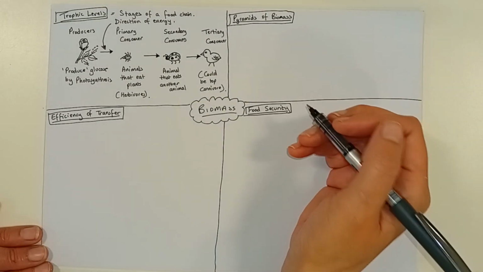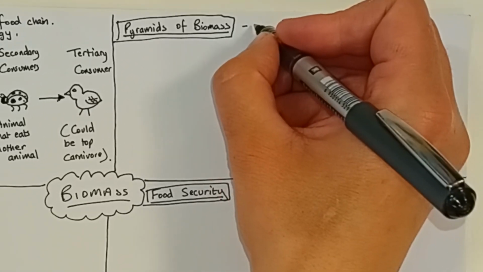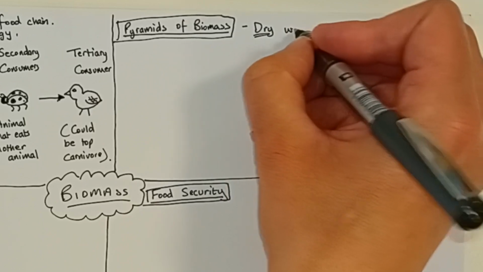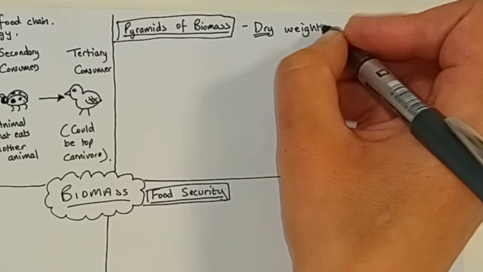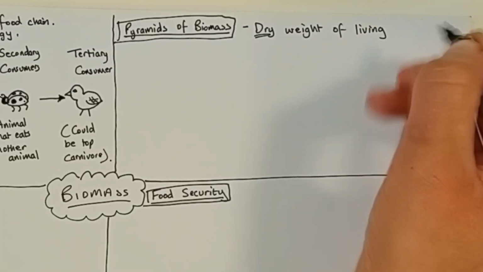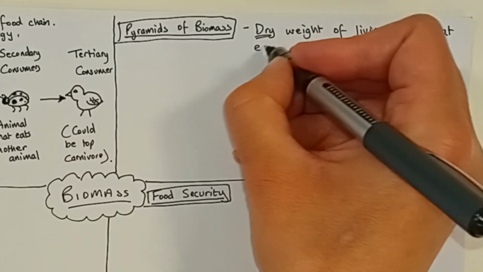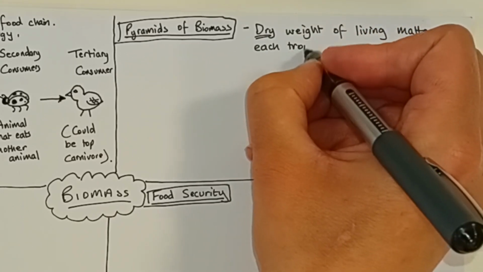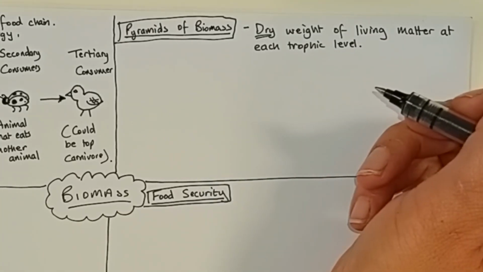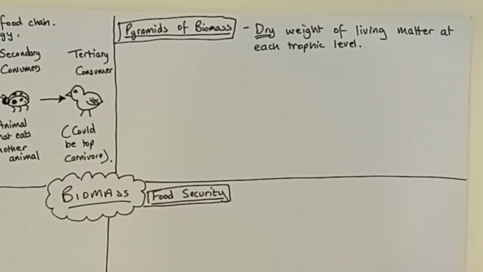To pyramids of biomass then. Biomass simply means the dry weight of living things at each trophic level. So it's the dry weight. So let's again have a look at a food chain.